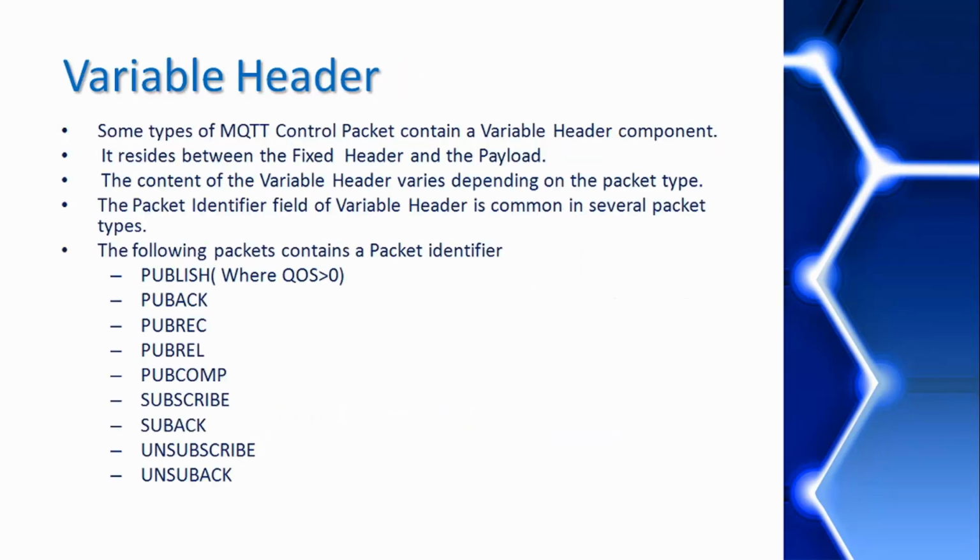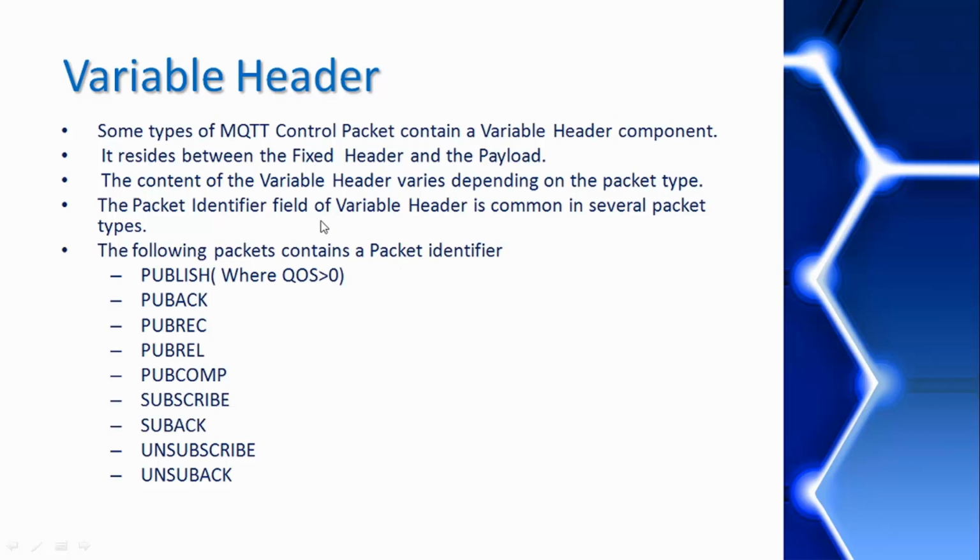Now let's see some important points about the variable header. Some types of MQTT control packet contain a variable header component. It resides between the fixed header and the payload, as we have seen earlier. The content of the variable header varies depending on the packet type.